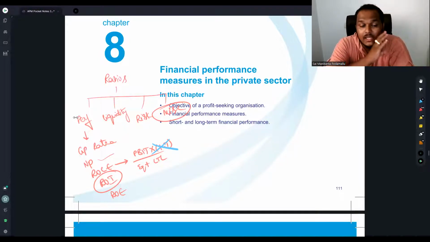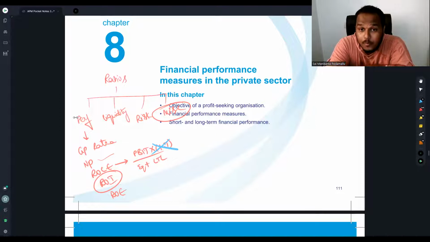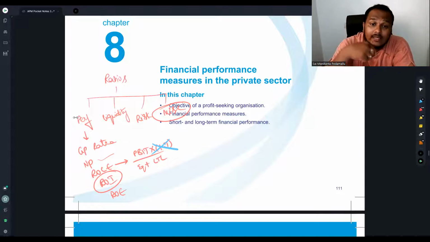If you understand that, you will understand the difference between ROCE and ROI. You employ your capital in the total business. The business will make investments into different divisions. That is why when you call it return on capital employed, you talk about it at the overall business level. But if I'm talking about each division of my business, I'll only calculate the return on my investment in that division.